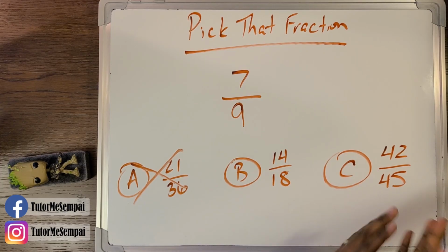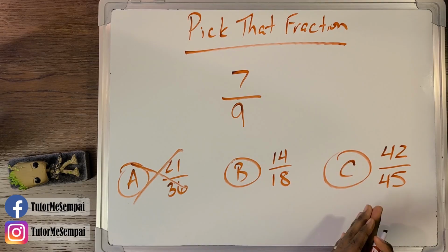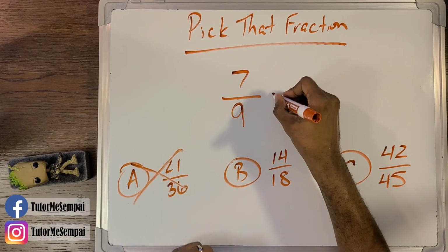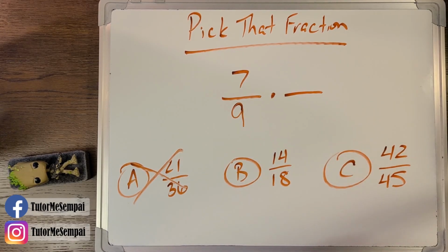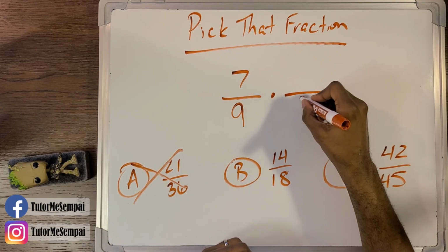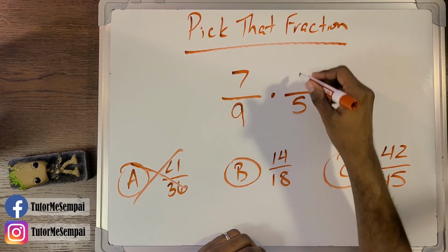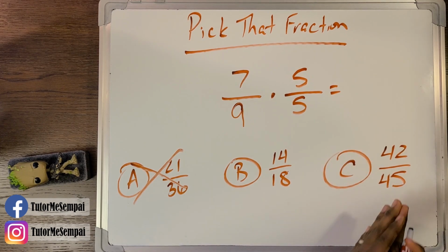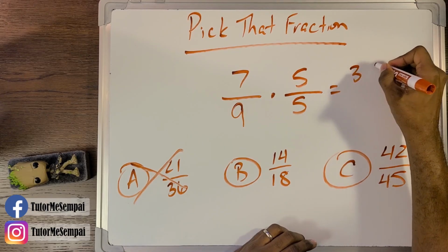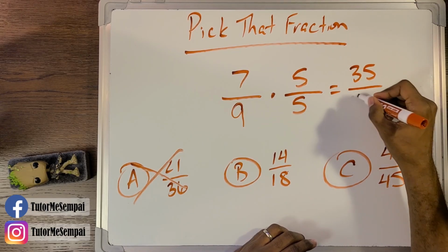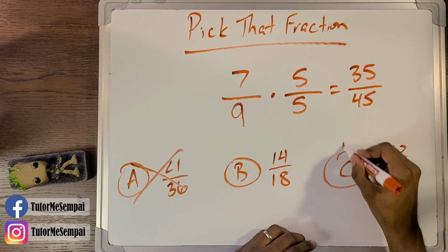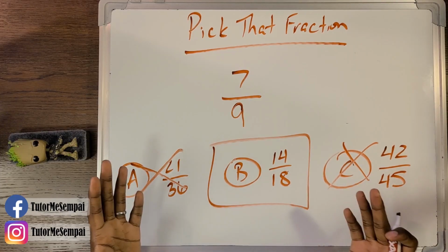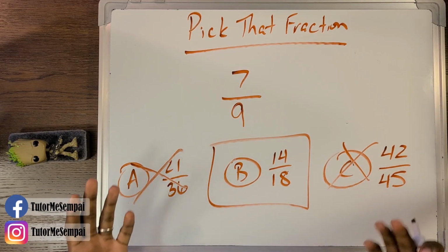Let's find out. In the bottom, we have 45. What times 9 will give us 45? 5 times 9. So if we were to do 5 in the top, are we going to get 42 over 45? No, because this is going to be 35 over 45. Not quite C either. So it seems like B is going to be our only answer.